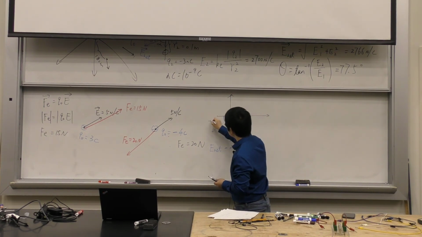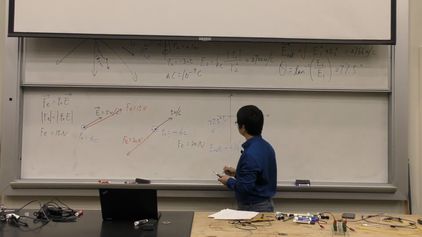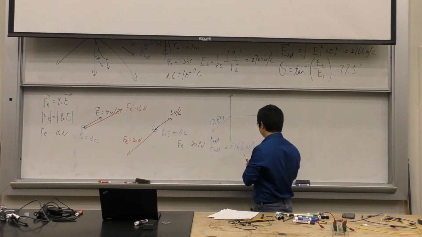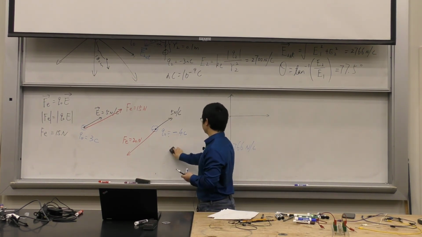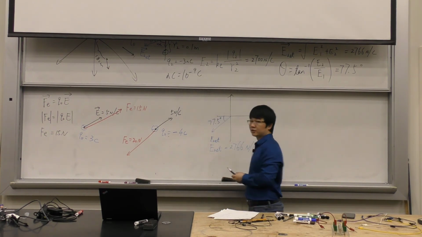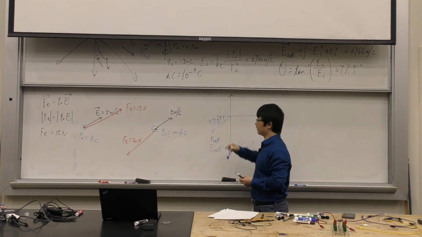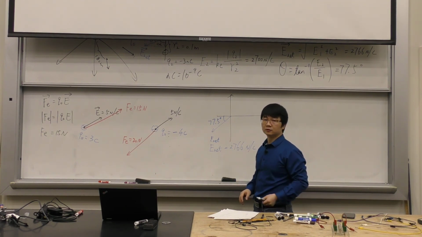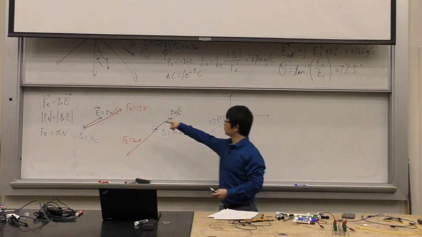The angle is 77.5 degrees. Now I can totally forget about these two sources, right? The only information I need is the electric field at this point, okay? Now you bring any test charge to this point. I can find the force for you very easily using this theory, right?